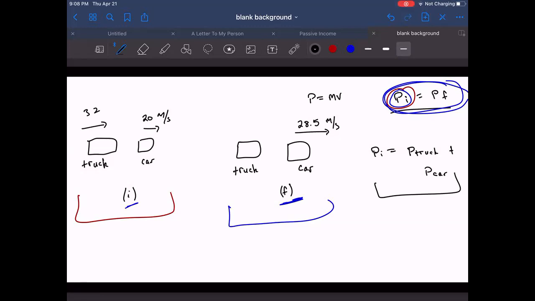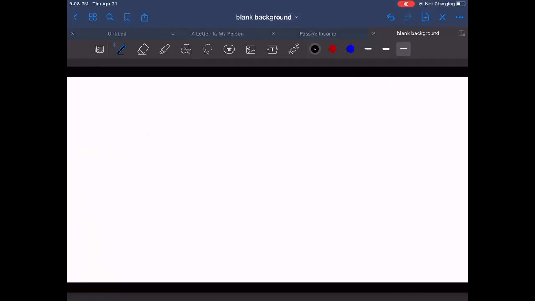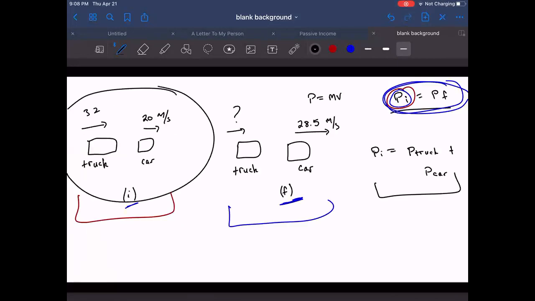I should get to the questions. How fast will the truck travel after the collision? There you go, so let's get it in there. Did you write this down? Okay, you got it. Question mark for the truck. That's the first thing I want to know, and that makes a lot of sense because that's the easiest thing to find. Why? Because we have conservation of momentum. What is the total momentum initially of the system?